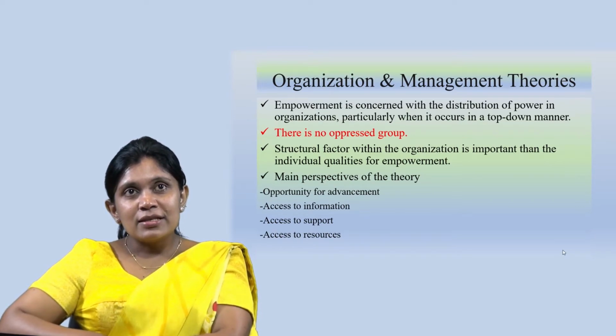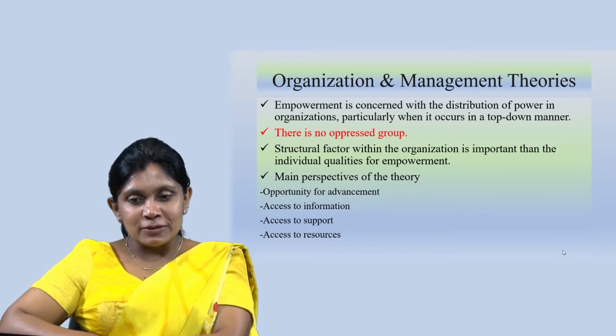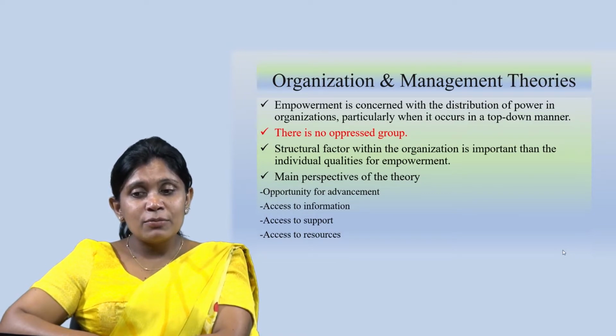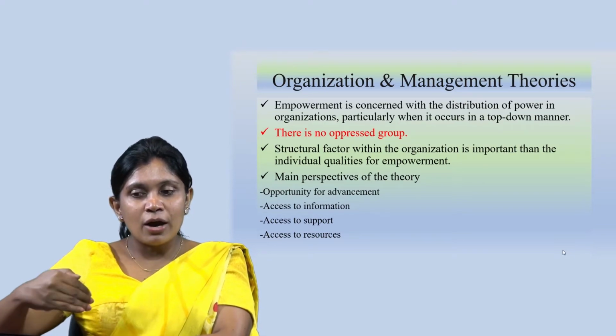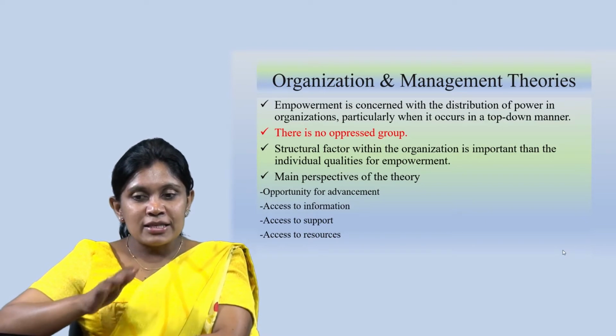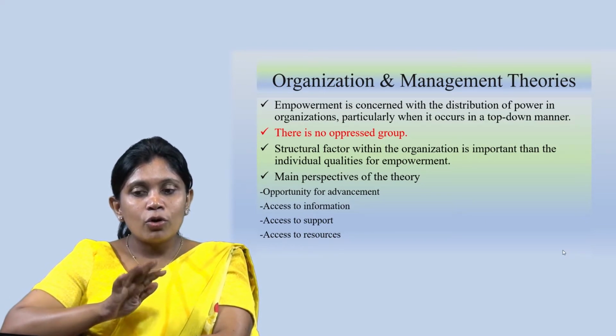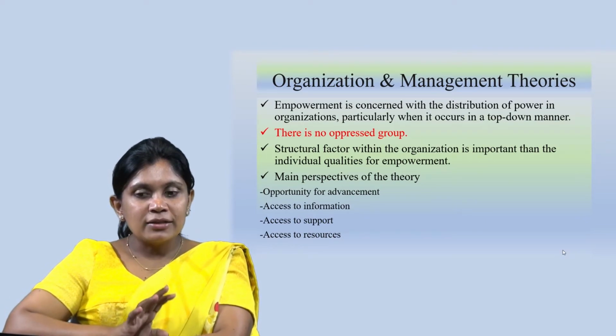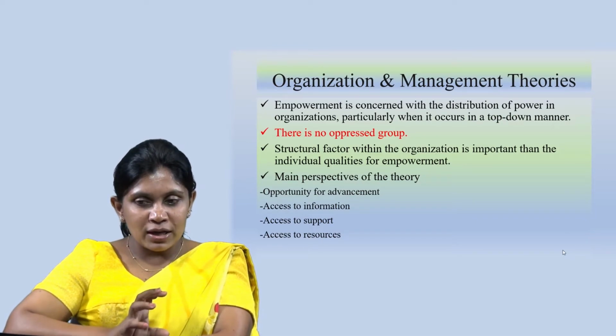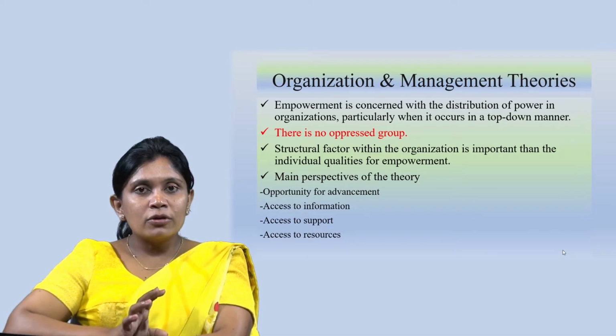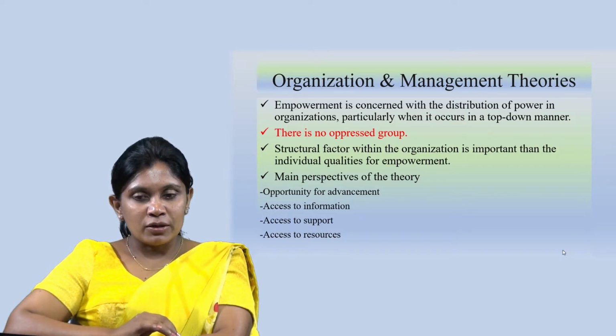And next is the organization and management theories. Empowerment is concerned with the distribution of power in organizations, particularly when it occurs in a top-down manner. So, in this theory, there is no oppressed group. Structural factors within the organization are more important than individual qualities for empowerment.